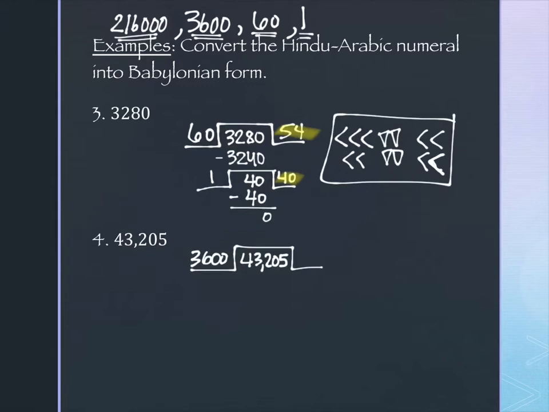And your calculator is going to do it for you. It's going to tell you how many whole times it goes in. How many whole times does 3,600 go into 43,000? 12. And what is 12 times 3,600? 43,200 even? Okay.